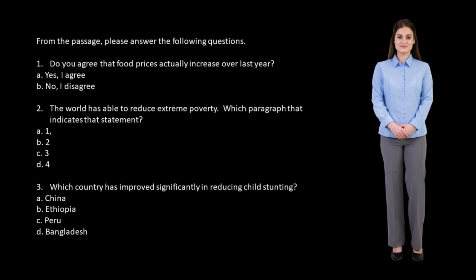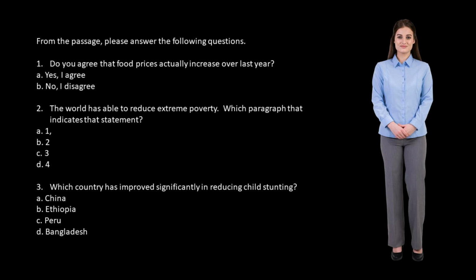From the passage, please answer the following questions. 1. Do you agree that food prices actually increase over last year? A. Yes, I agree. B. No, I disagree. 2. The world has able to reduce extreme poverty. Which paragraph indicates that statement? A. 1.